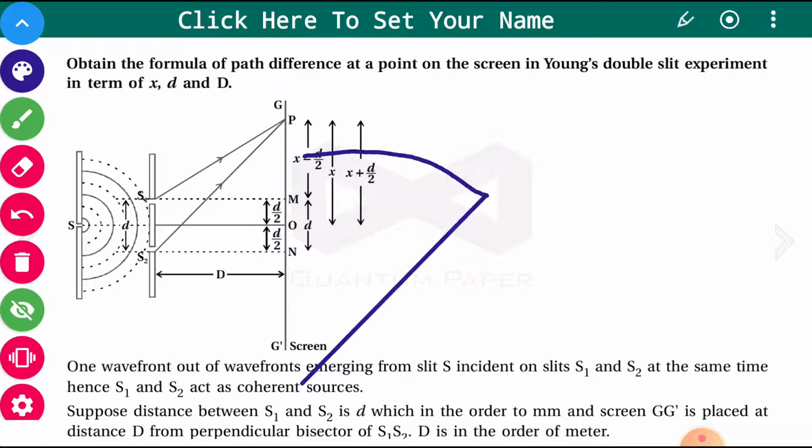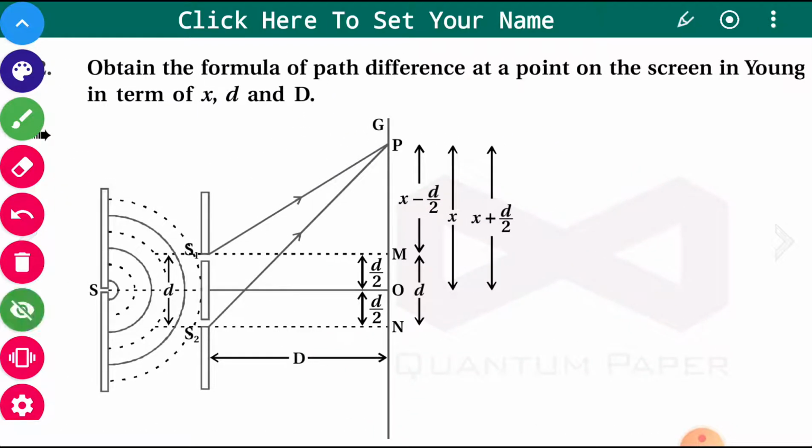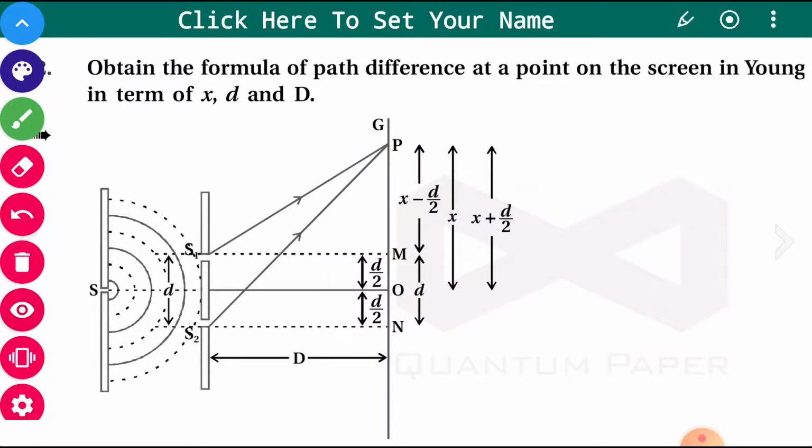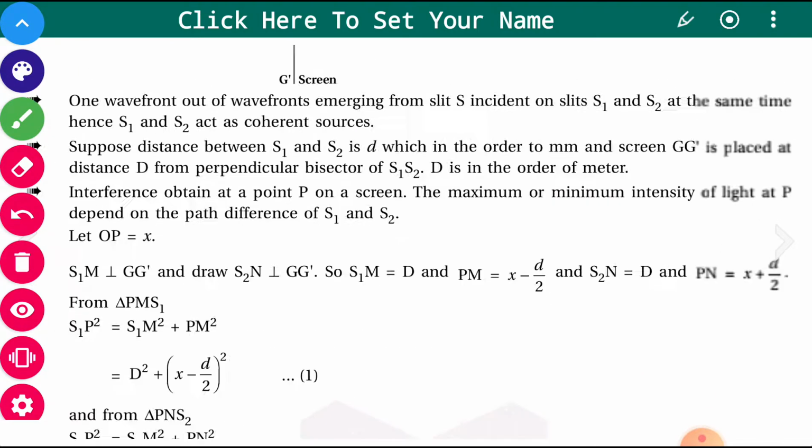You can easily understand that this distance totally is x, then this distance must be x minus d by 2, as this much distance is d by 2 and this is also d by 2. So from this point N to this point P, the distance will be x plus d by 2. This is very clear from the figure.